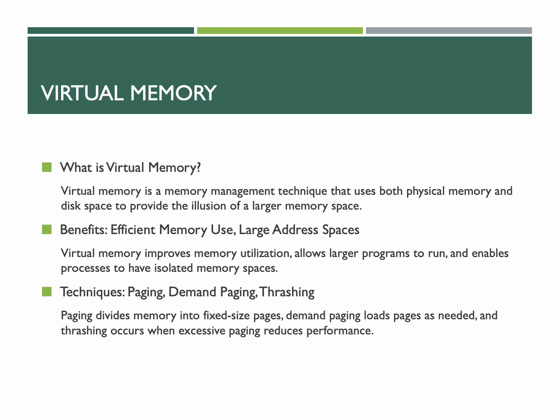Then thrashing. Thrashing is when excessive paging reduces system performance, as the OS spends more time swapping pages than executing processes. For example, if your computer becomes slow while running many applications, it may be experiencing thrashing.